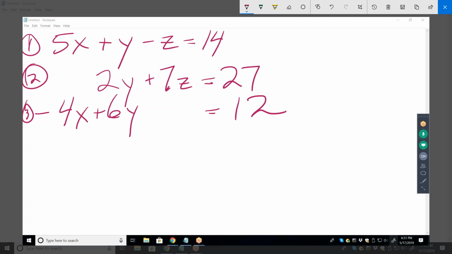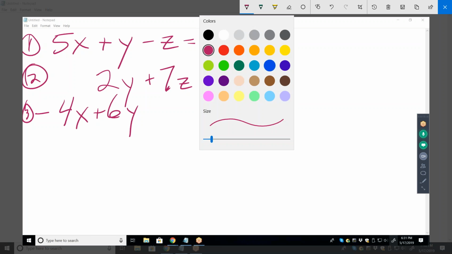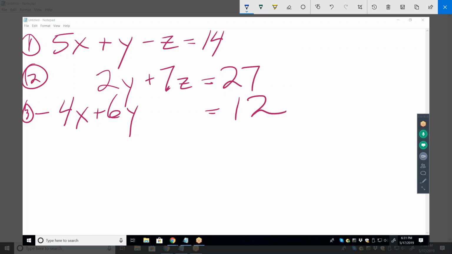I can see that z is already gone from equation 3. So let's see if we can eliminate z by working with equation 1 and 2. What am I going to do? How do I eliminate z? It's not going to eliminate it. If I add negative z to 7z, I get 6z.